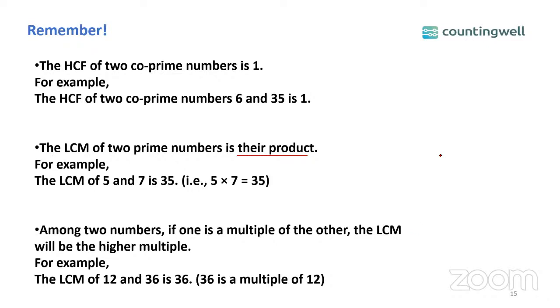Also, among two numbers, if one is a multiple of the other, the LCM will be the higher number. For example, the LCM of 12 and 36 is 36. You see that 36 is a multiple of 12.